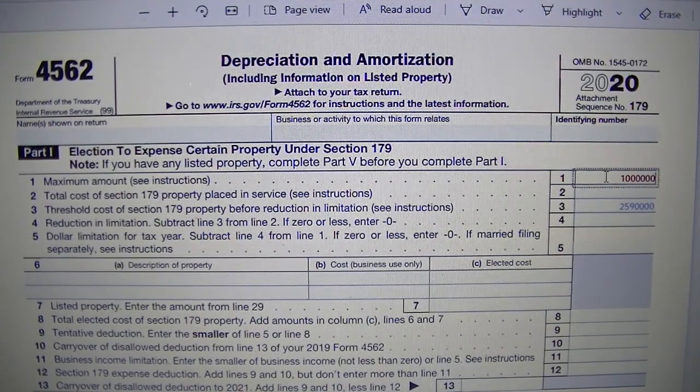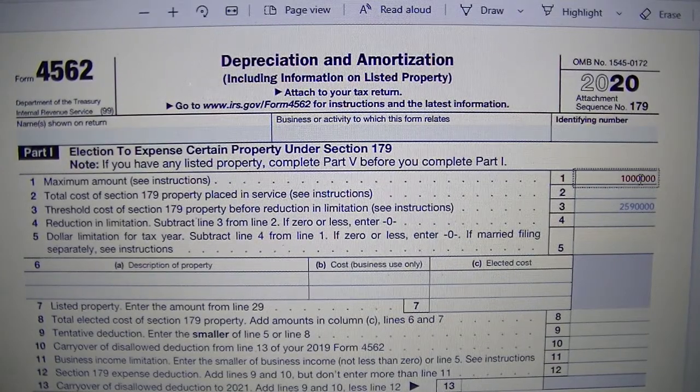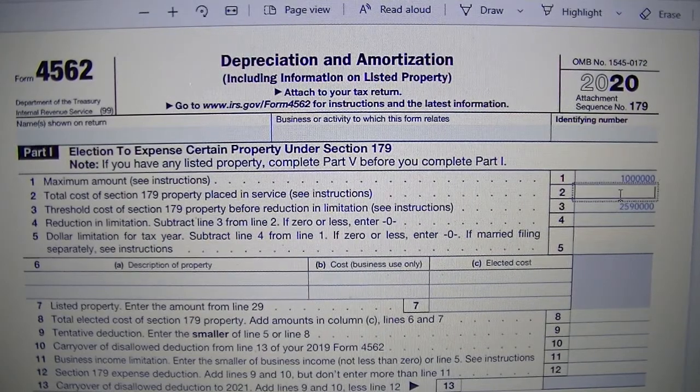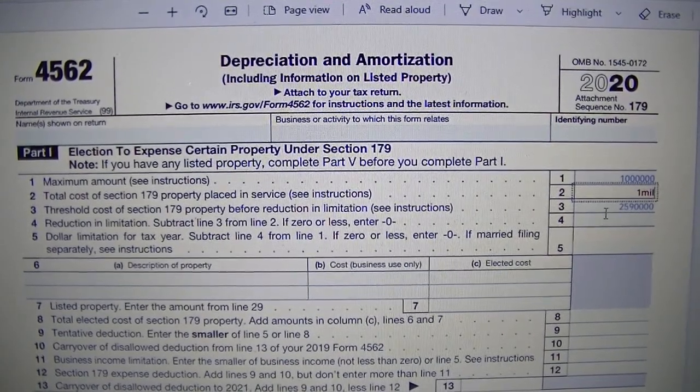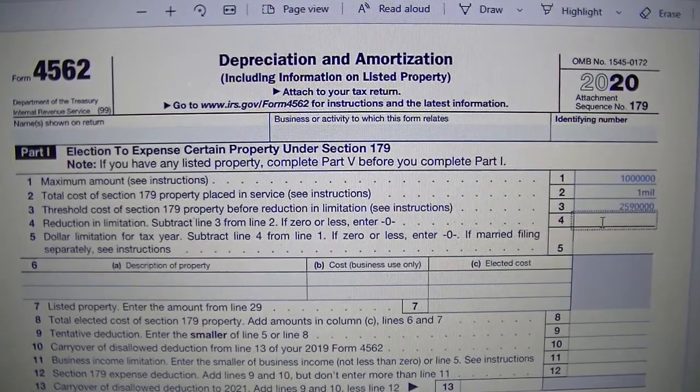Let's see if I'm getting my zeros right. And we'll have the same 1 million here as well. So line 2 minus line 3, you'll enter 0 on line 4 if it is negative.